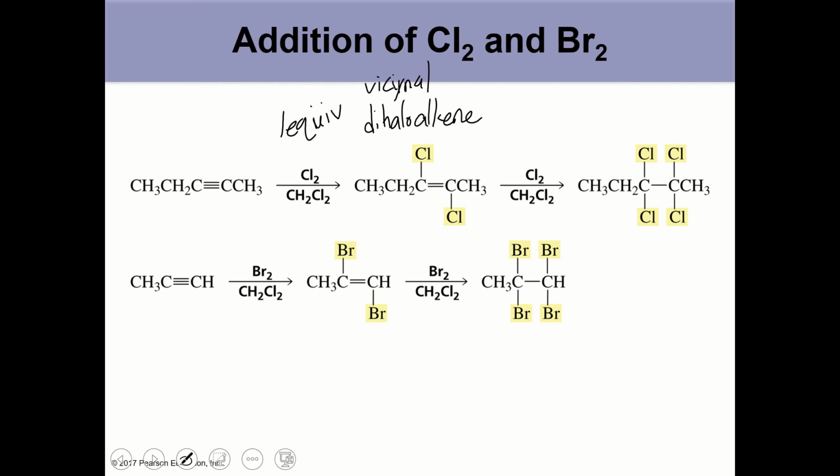But if we add 2 equivalents or excess, then we get a tetrahaloalkane for our final product. We can do this with Cl₂ and Br₂. It's not possible with fluorine or iodine.